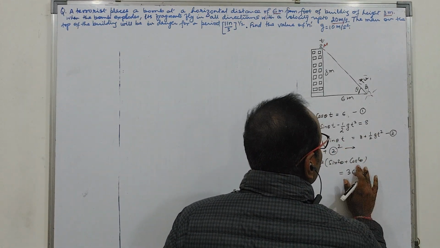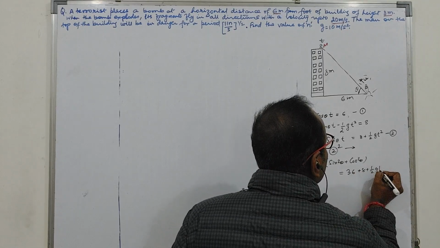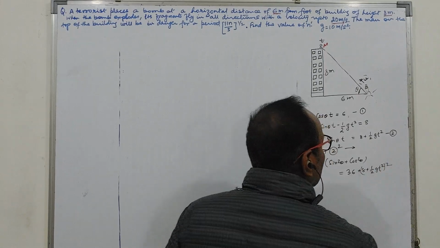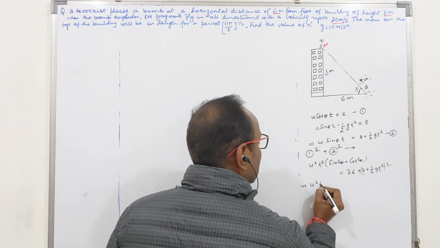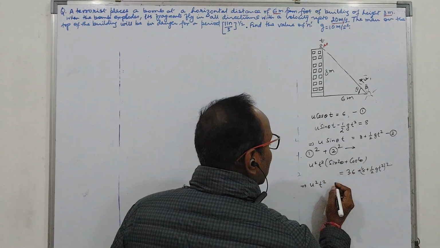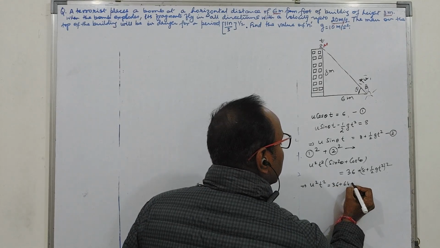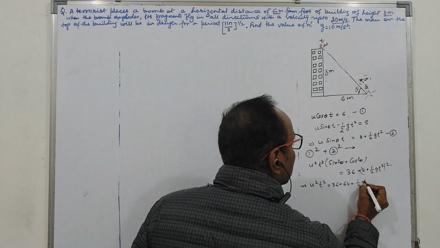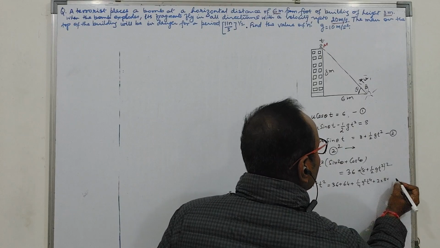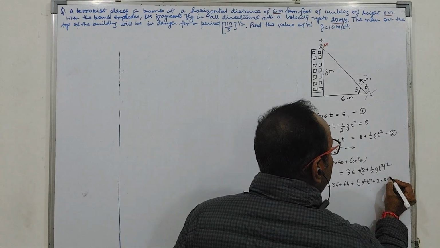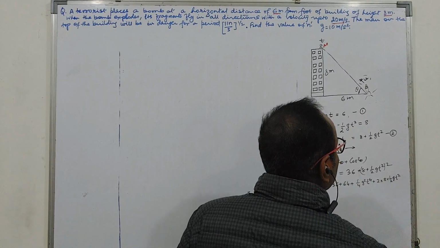Equals 36 plus 8 plus half g t squared, squared. So this will be u squared t squared, equation 1, equals 36 plus 64 plus 1 by 4 g squared t to the power 4 plus 2 into 8 into half into g t squared.